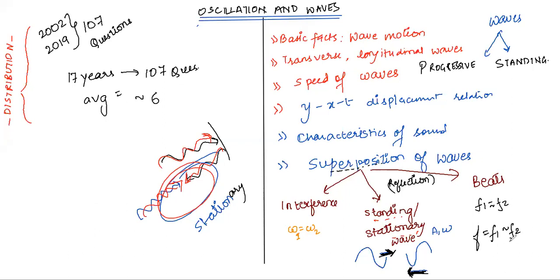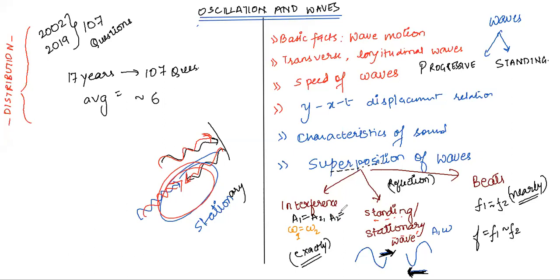So if the frequencies of the two waves are nearly equal, not exactly equal, here, see, in interference they should be exactly equal. But if they are not exactly equal but nearly equal, then beats are formed. Also, class, here the amplitude may or may not be equal.